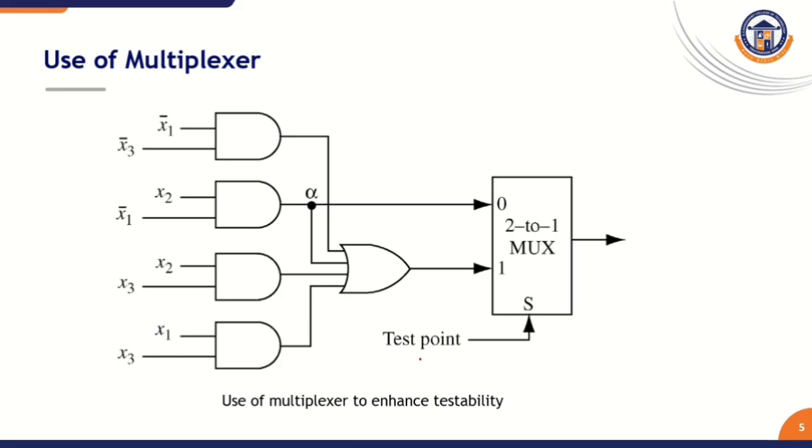If the test point equals 1, it is normal operation. If the test point equals 0, it is test mode operation. Through this use of a MUX, we can improve the testability.